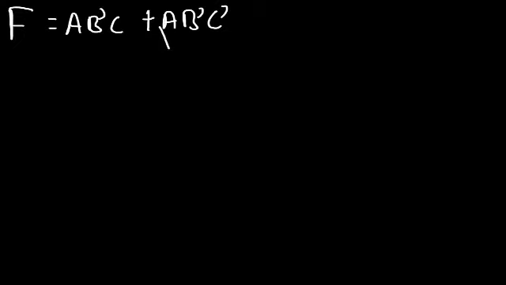Since we have a, b, and c, it means you have three different variables in the function. Now, what we are going to do is raise 2 to the power of the number of variables, which is 3. Whatever value you have as a result will be the number of squares in the K-map. So in this case, the result is 8. Therefore, I'm having 8 squares.